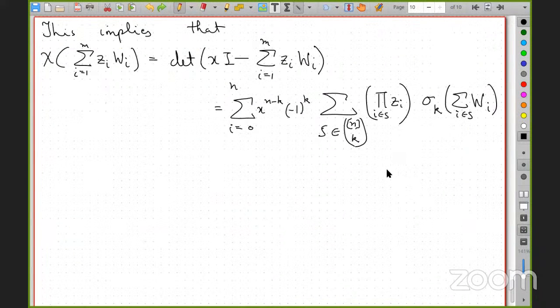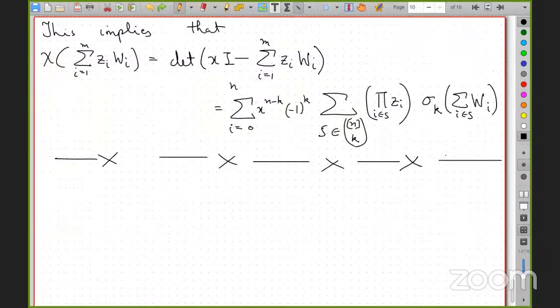Right. So now let's prove this identity. Proof of this 3.